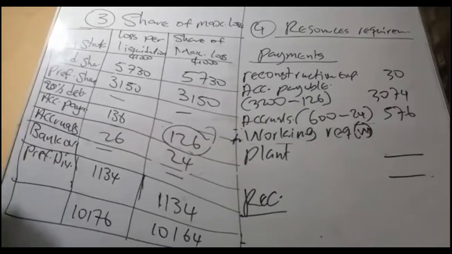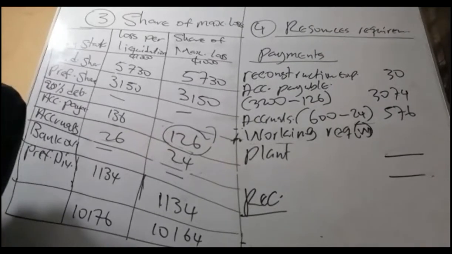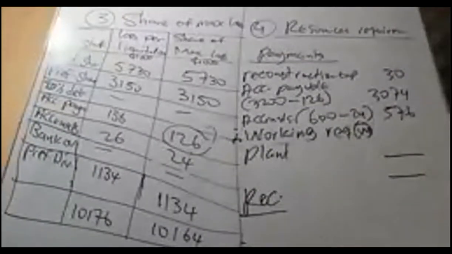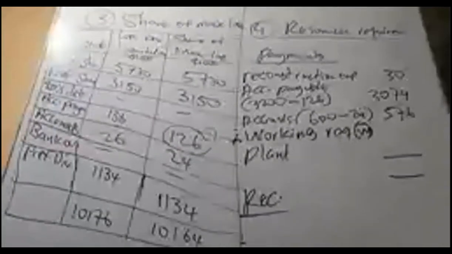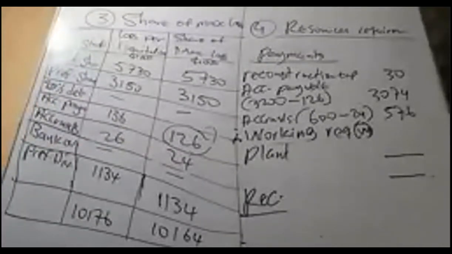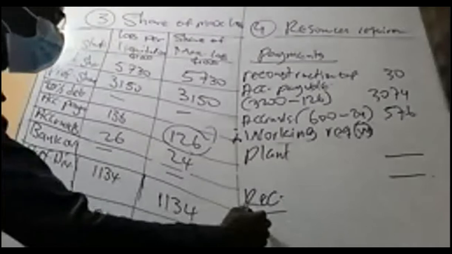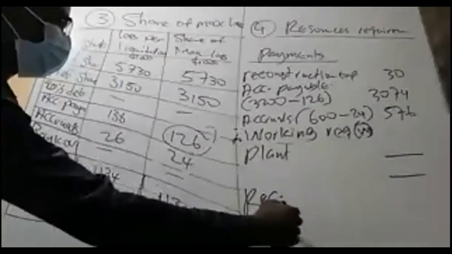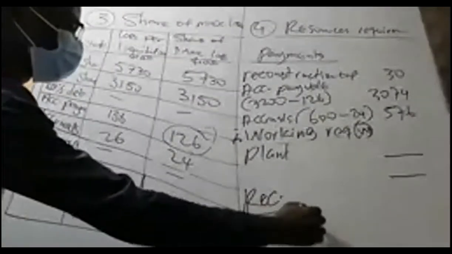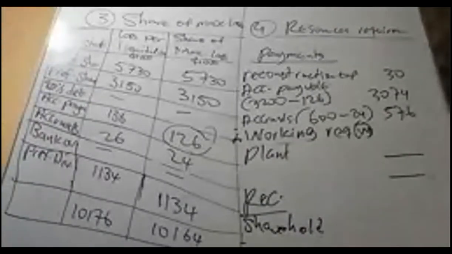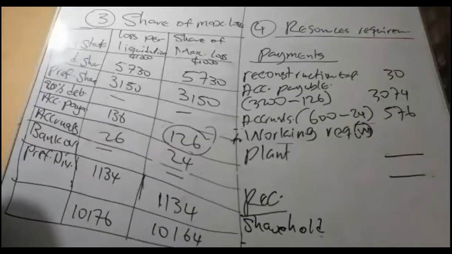So first, we write the first person on the list, shareholders. They should bring us shareholders. Which shareholders? The ordinary shareholders.